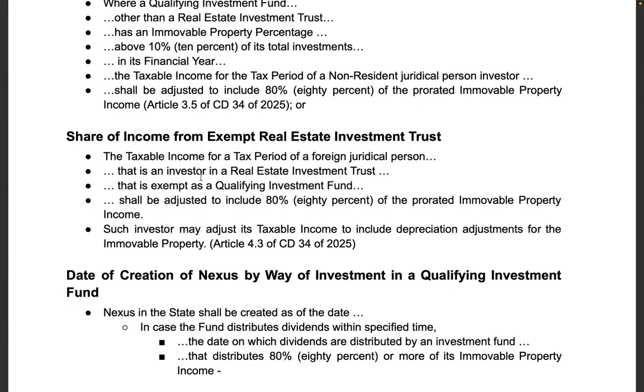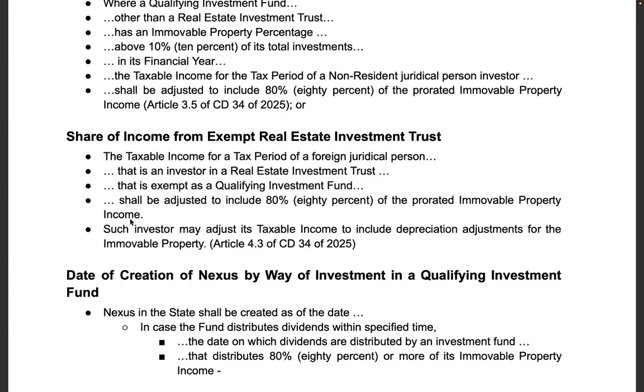Share of income from exempt real estate investment trust: the taxable income for a tax period of a foreign juridical person that is an investor in a real estate investment trust that is exempt as a qualifying investment fund shall be adjusted to include 80% of the prorated immovable property income.